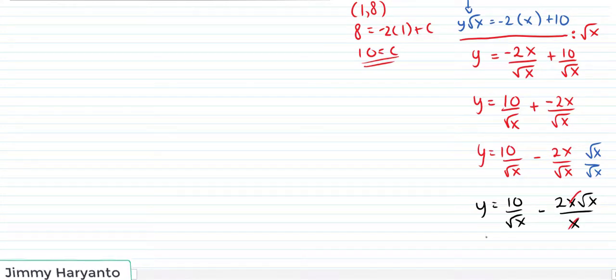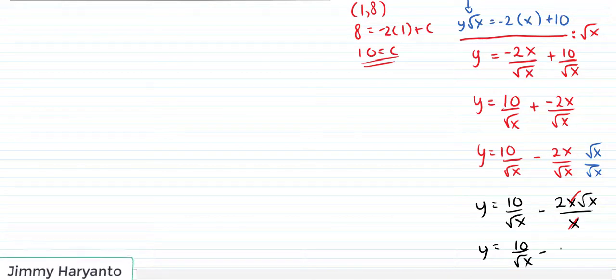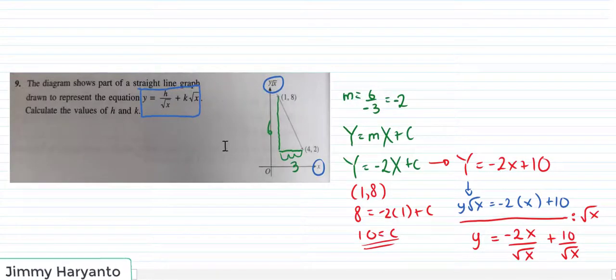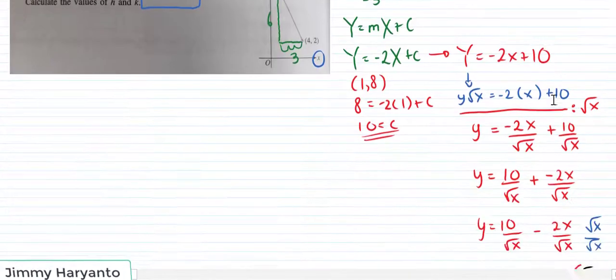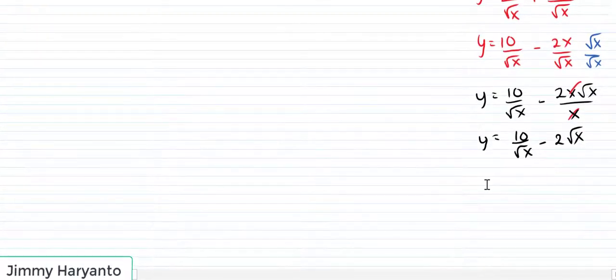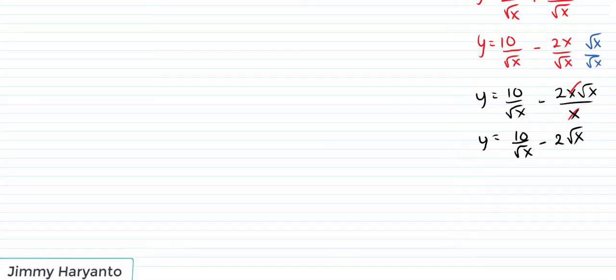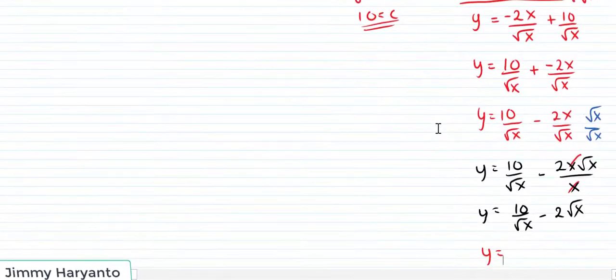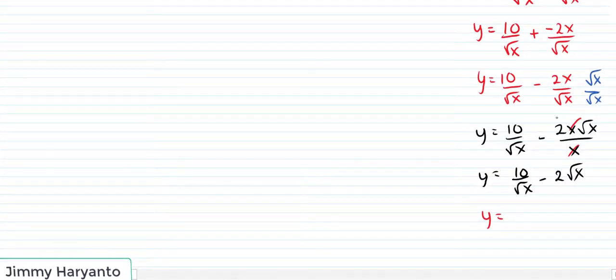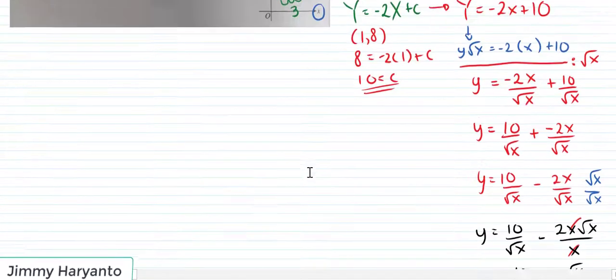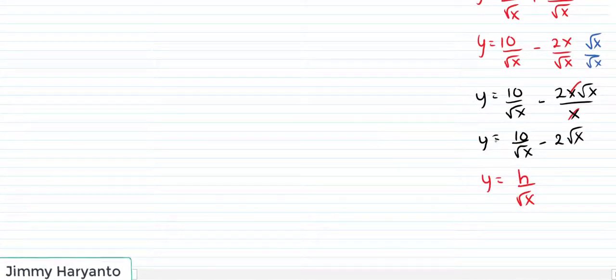It will become y equals 10 over root x minus 2 root x. Now the form is already the same. I will write this form at the bottom of this one. The form is y equals h over root x plus k root x.